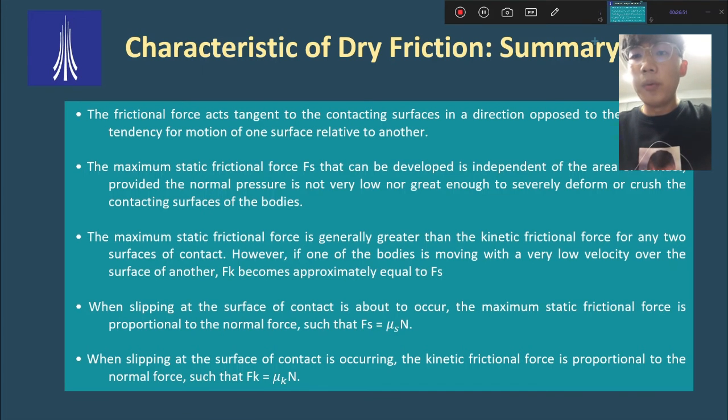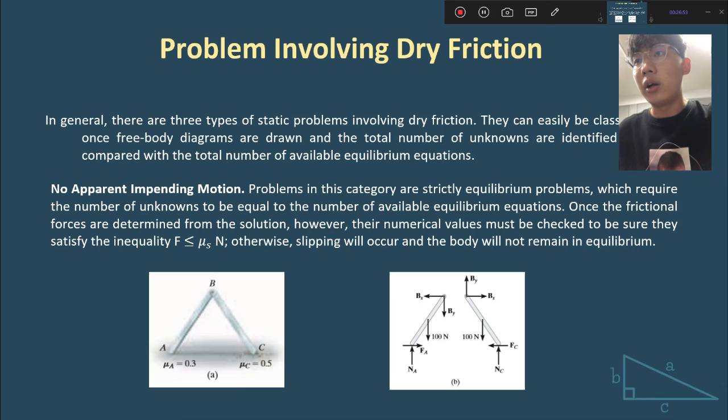So, moving on to our Chapter 8, problems involving dry friction. In general, there are three types of static problems involving dry friction. They can easily be classified once free body diagrams are drawn, and the total number of unknowns is identified and compared with the total number of available equilibrium equations.